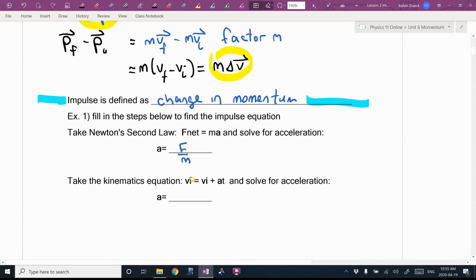We're also going to go to good old Vf equals Vi plus at, and we're going to get the a by itself there. The Vf would drop down like a domino: a equals Vf minus Vi all over t. And now we're going to say, look, if this equals acceleration and this equals acceleration, I can let them equal each other.